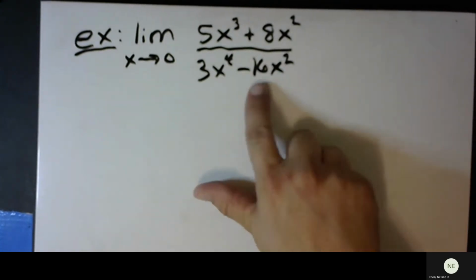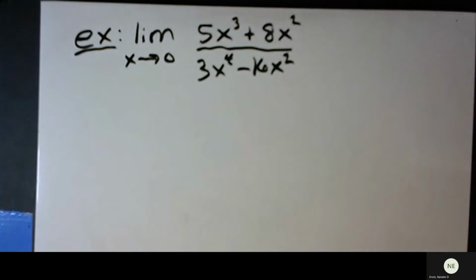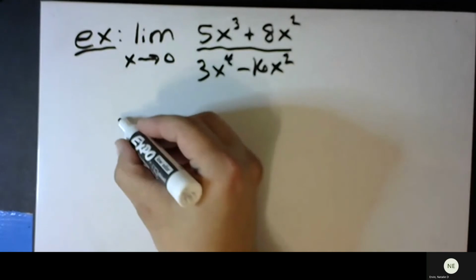So we want to at least prevent a division by 0 in the denominator. And what we can do is factor out x squared.